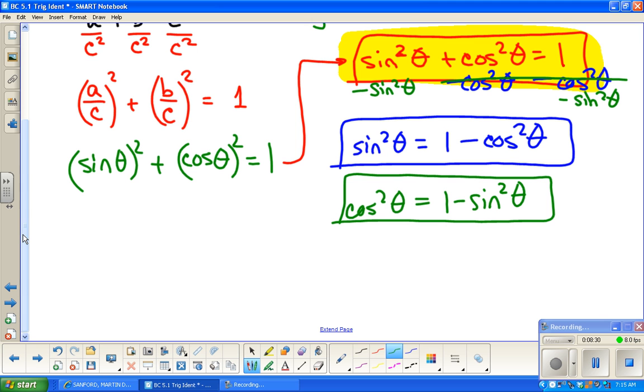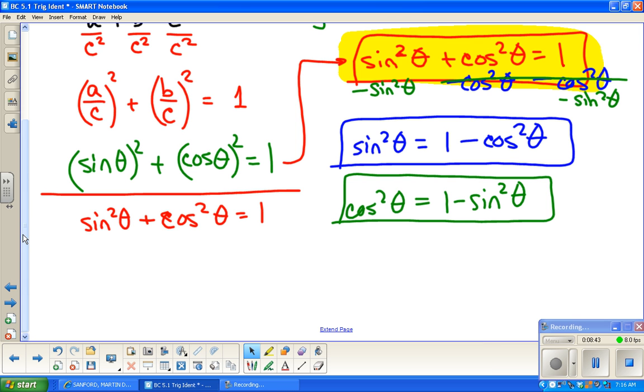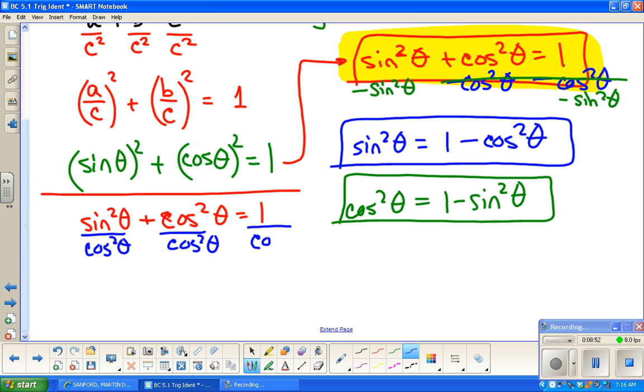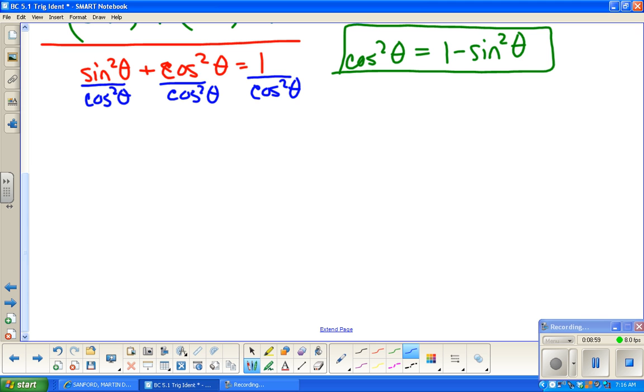Now, I'm going to show you 2 more things you can do with this, and then I'm just going to give you a list, and you can play with it. The heart of this, again, is sine squared plus cosine squared equals 1. Now watch this. I'm going to divide both sides by cosine squared. I know that I can do this because I've done this 100 times, whereas for you, this is going to take some playing around with to remember how to do this.